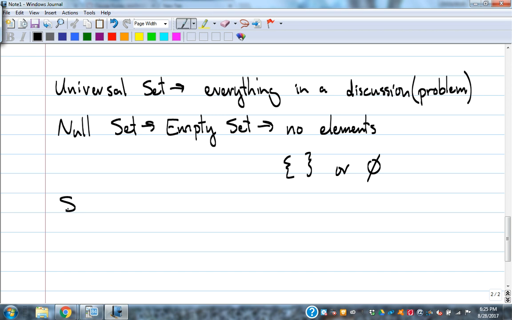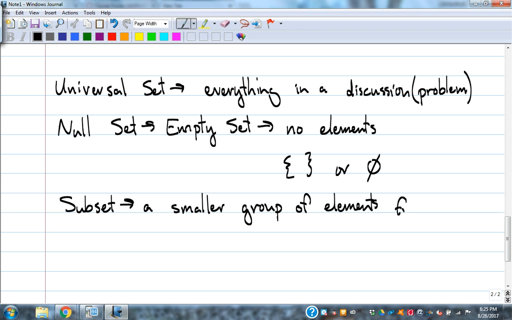Then we have what's called a subset. A subset is a smaller group of elements from a larger set.